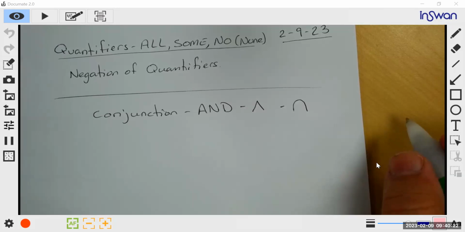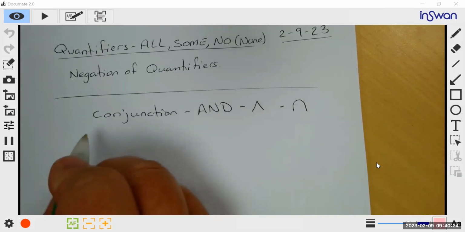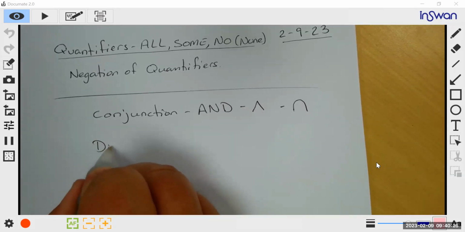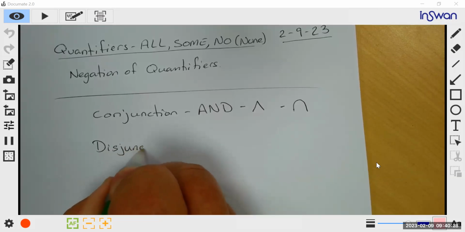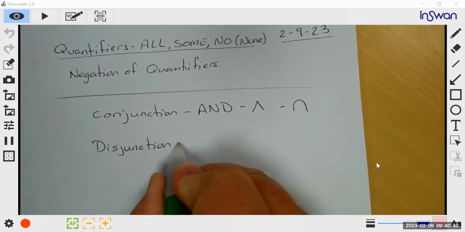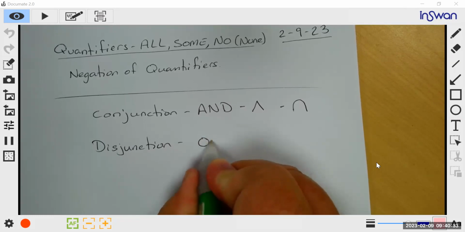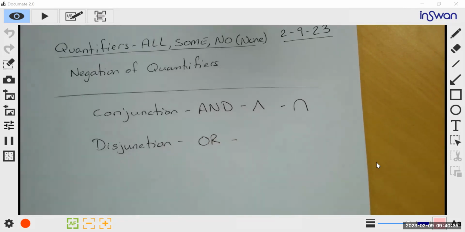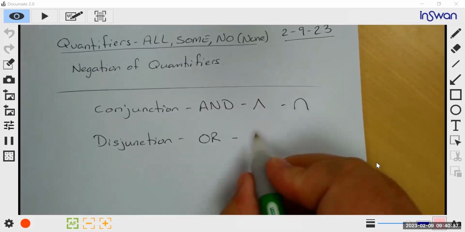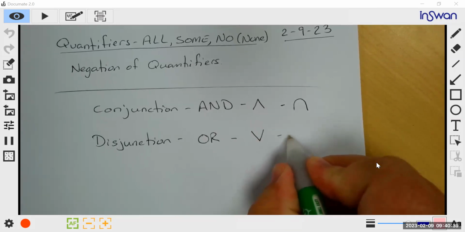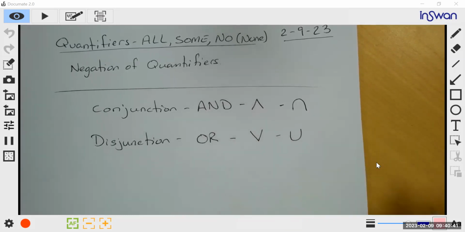We talked about intersections and unions. The other one's called a disjunction. That's an or statement. What's its symbol? In chapter 2, when we deal, it's like that.